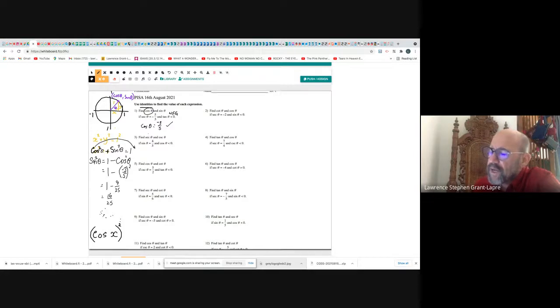That's what sine squared equals. So sine, when you just want sine, you take the square across. Sine equals positive and negative square root of 16 over 25. And that's going to equal positive and negative 4/5.